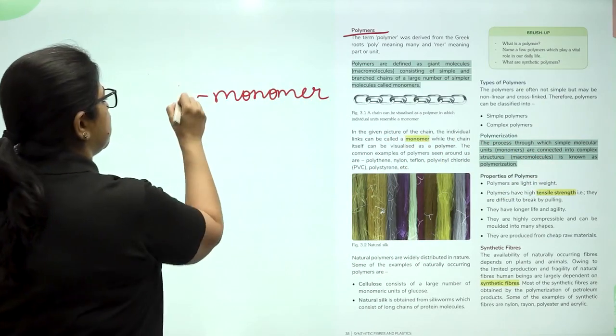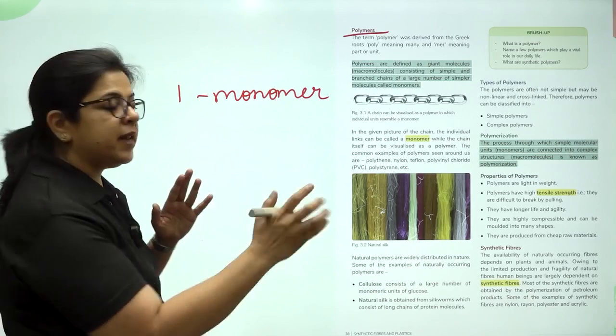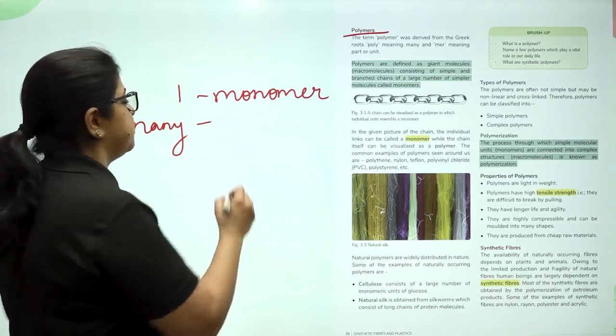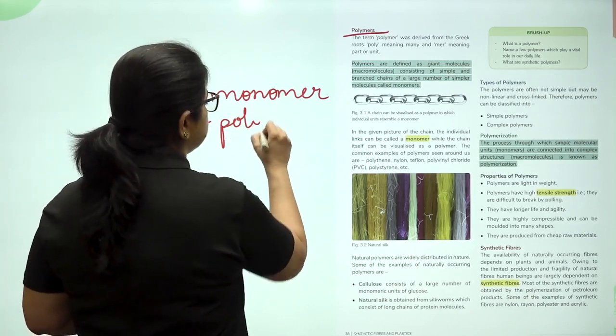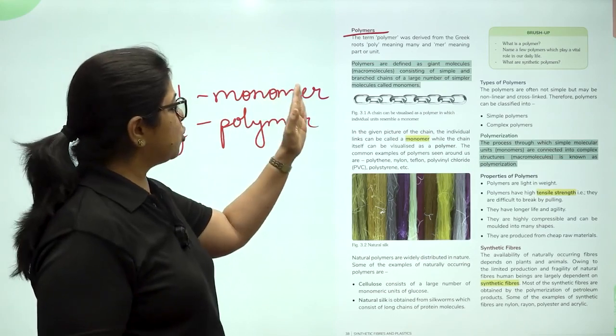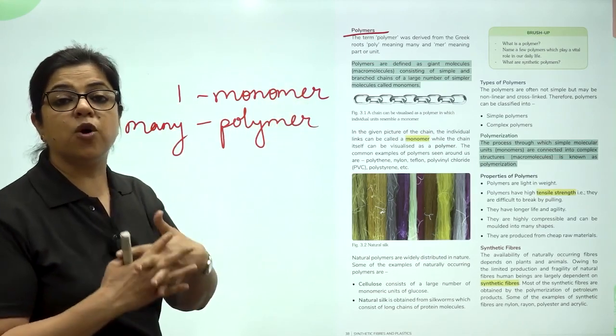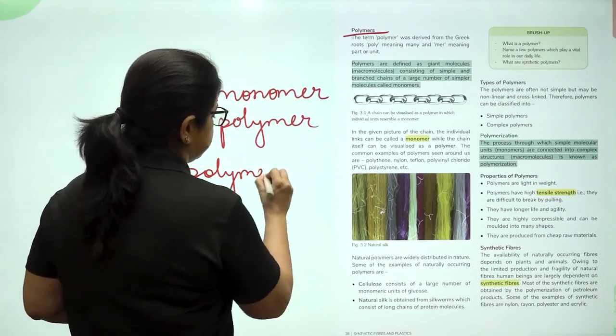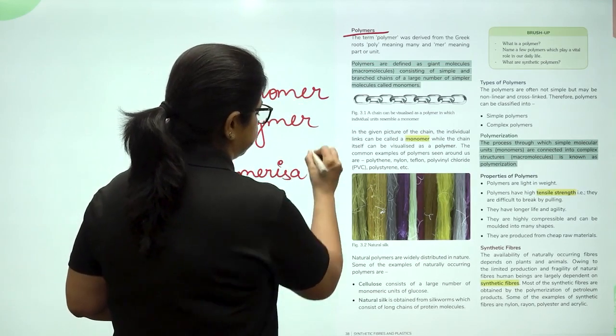This is one unit. When many of these monomers are joined together, it becomes a polymer. Now, the process by which monomers are joined together to form polymers is known as polymerization.